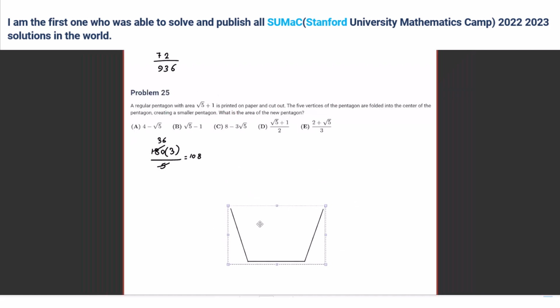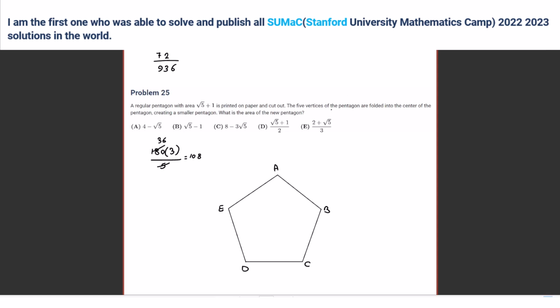And okay, so this one is 250, 108. It would be 142. So 142, 1.5, and this, right? Okay, it is A, B, C, D, E.